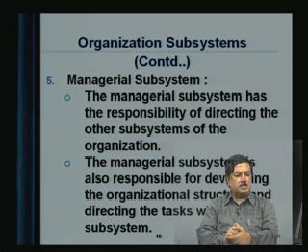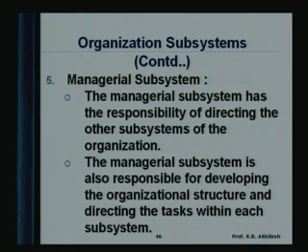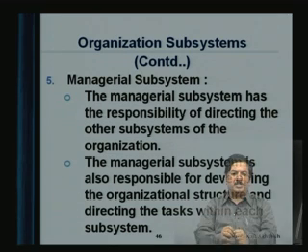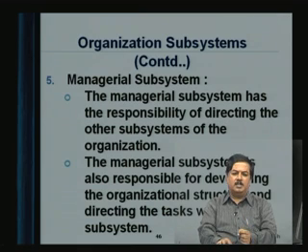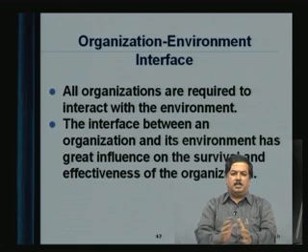The managerial subsystem is also responsible for developing the organizational structure and directing the tasks within each of the subsystems. So, together all the 5 systems help the organization to perform at different stages of its growth and the sustenance of this growth.